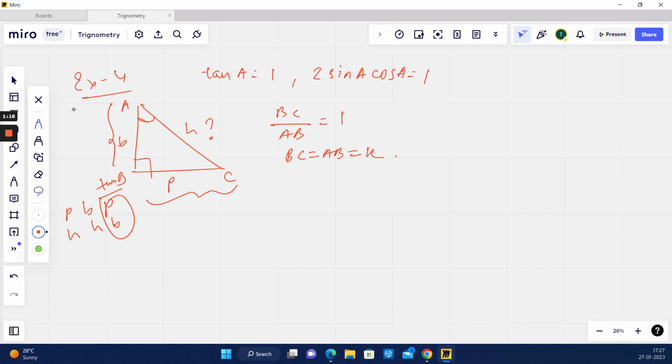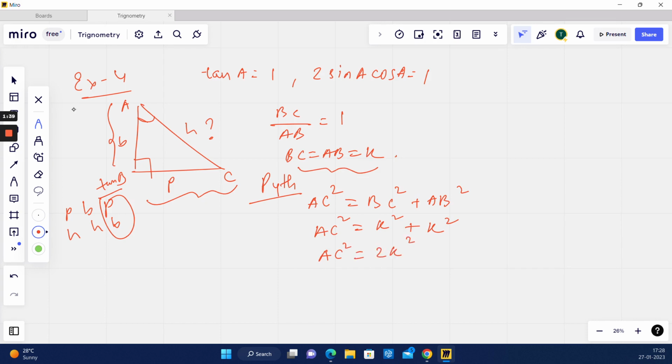So let's find the relationship. We know Pythagoras theorem says hypotenuse square equal to base square plus perpendicular square. So let's say hypotenuse is AC square equal to BC square plus AB square. This is K square plus AB is K, right? We assumed K here. AC square is 2K square.